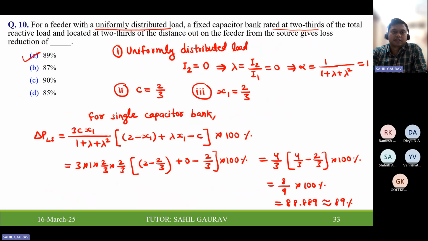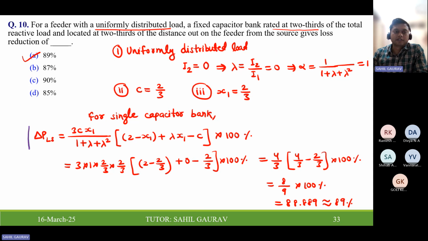This type of problem is asked in the current assignment also. Here, where we discussed initially, the fixed capacitor bank is placed at 2/3 of the total active load and located at 2/3 of the distance from the source. You have to find the total power loss reduction.